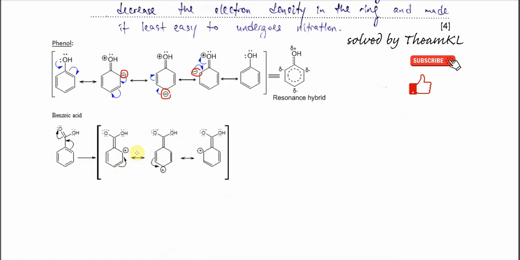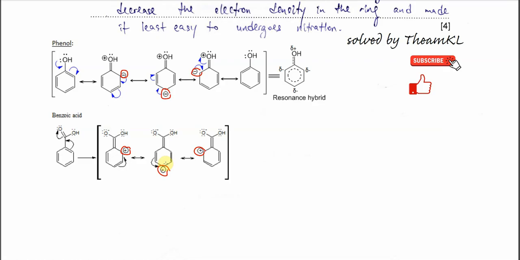As you can see from this resonance structure, after the electron movement, the positive charge is actually at the 2, 4, 6 positions. So the 2, 4, 6 positions will not really attract the electrophile.